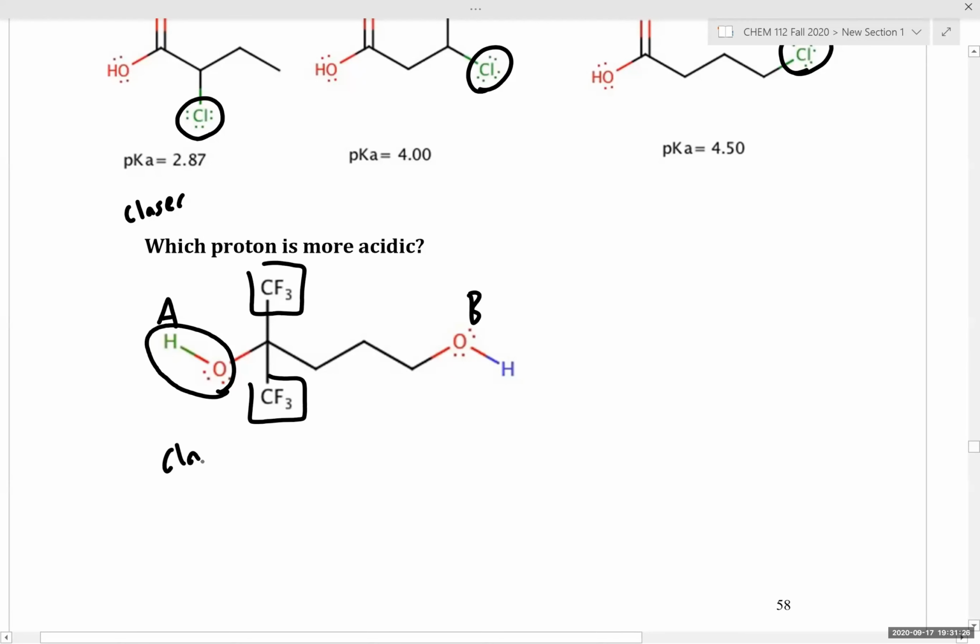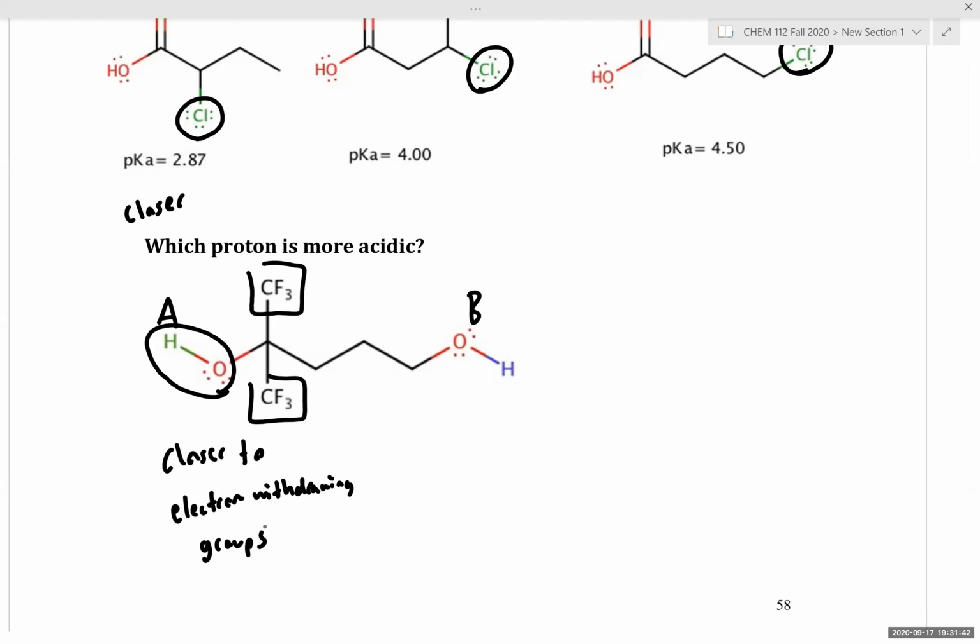Exactly right. Does that make sense to everyone? It looks like everyone's comfortable with this example.